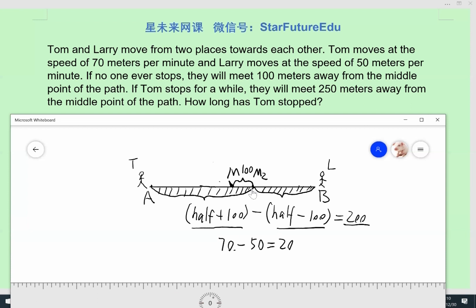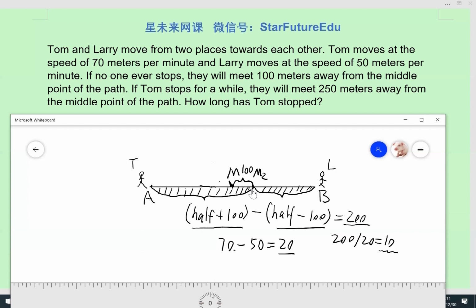Then if we divide 200 by 20, we get 10, right? What does this 10 represent? The time? Right. So the difference between the distance they have traveled divided by the difference of their speed, we get the time they both spent traveling, right? So it's a chase problem, not a meet problem.